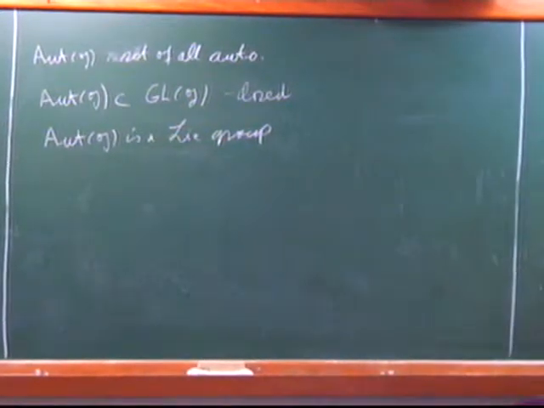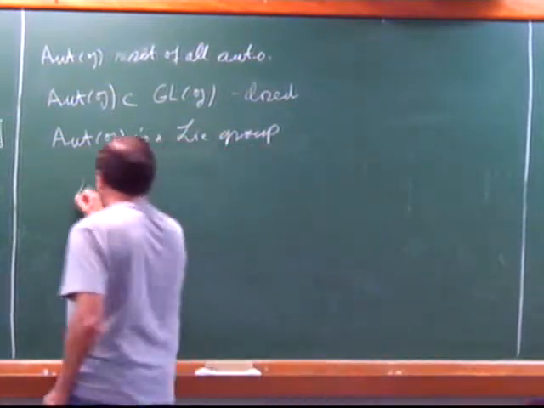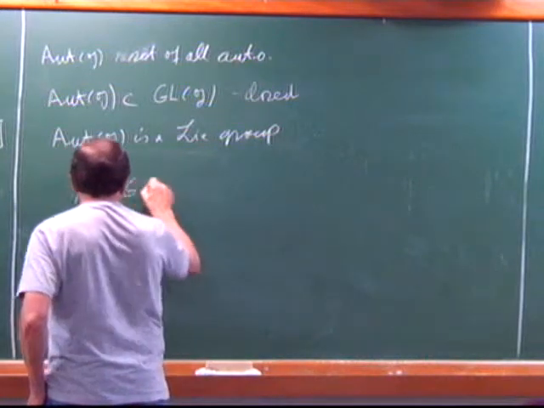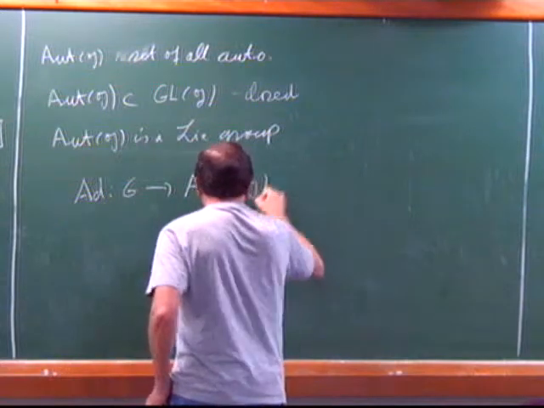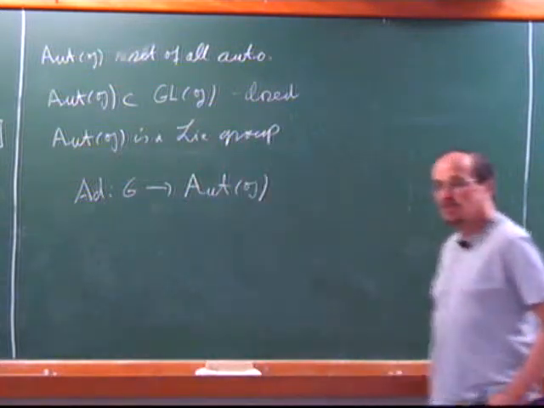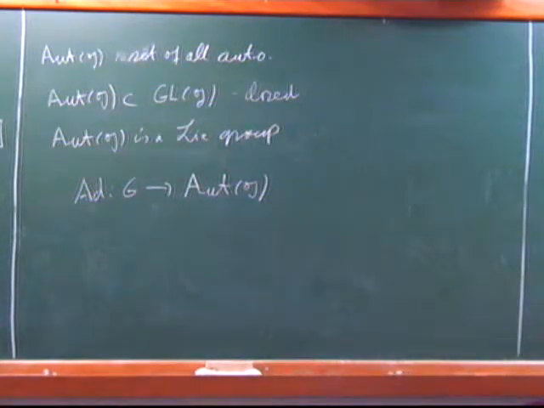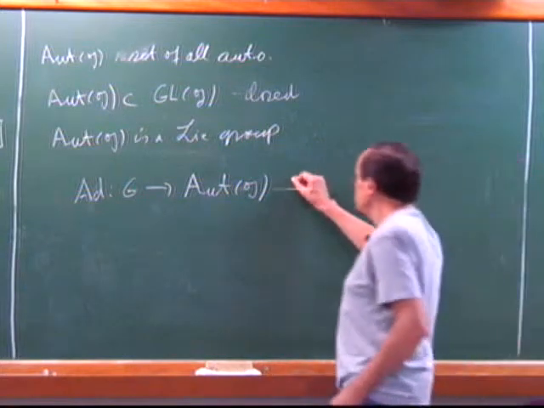So notice, for example, that the adjoint, Ad, goes from G into Aut(g). That is a derivative of a conjugation, which is an automorphism, so it actually goes into Aut(g) inside GL(g).